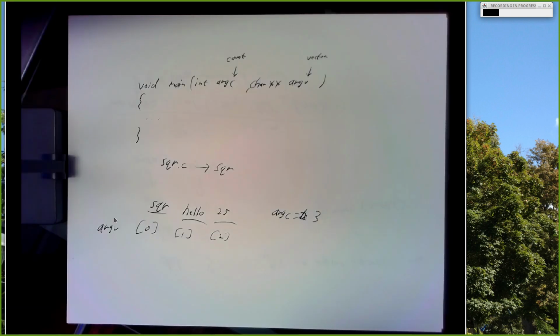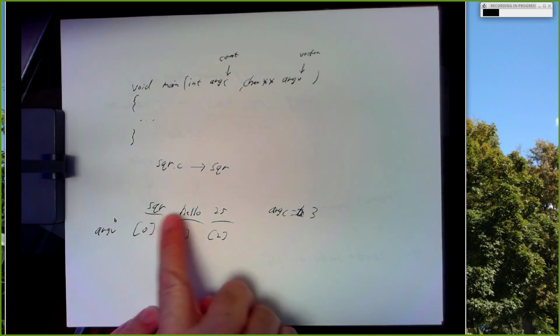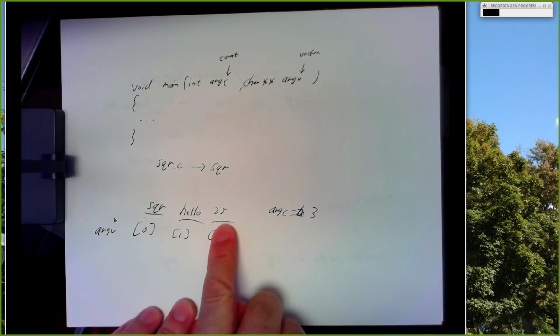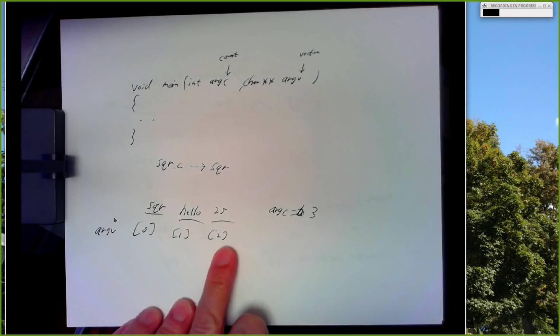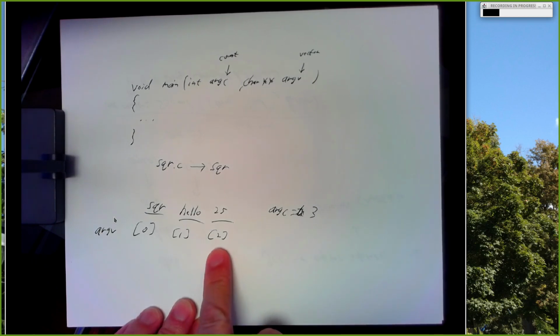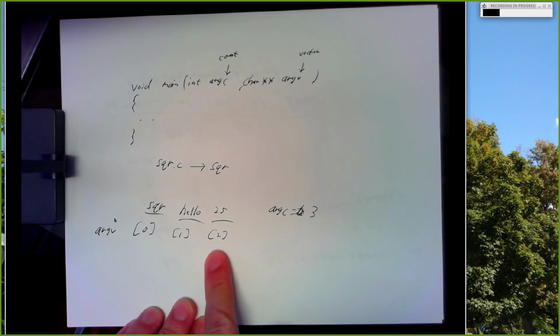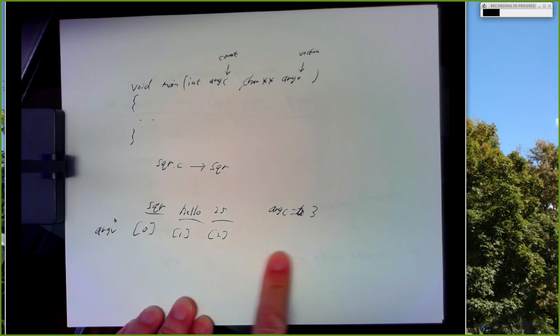Most languages count starting from 0 instead of 1, so the edge cases can be a little tricky. If argc is 3, I've got 1, 2, 3 arguments. The names of those in my array are bracket 0, bracket 1, bracket 2. So if argc is 3, I can go up to and including bracket 2. If argc was 10, I could go up to and including bracket 9. But if I try to go to bracket 3, that doesn't exist.